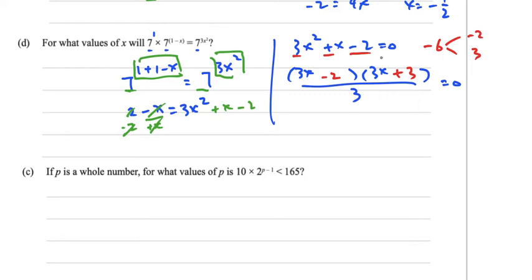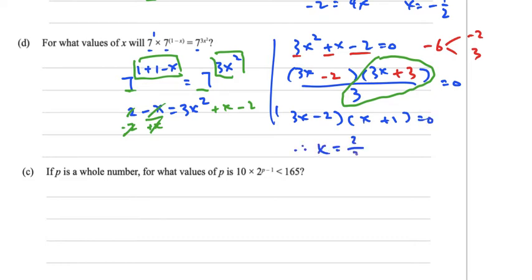We can see we can simplify this part because both actually contain 3. That's 3x minus 2 and x plus 1 equals 0. Therefore, x equals 2 over 3, or x equals negative 1.